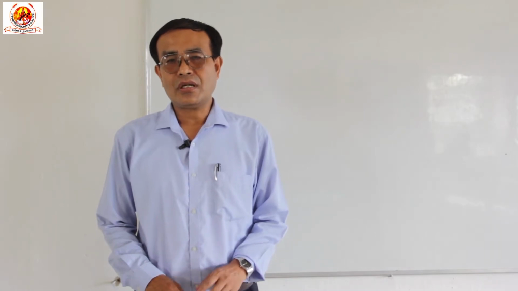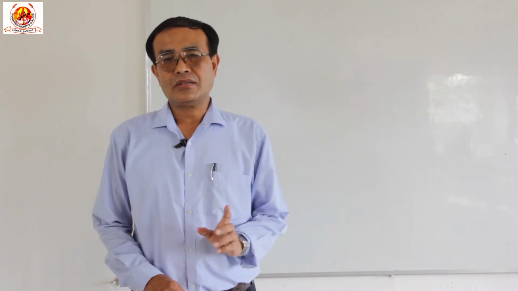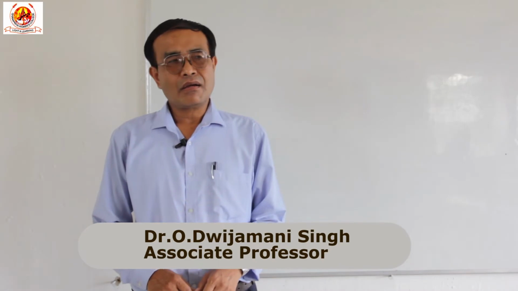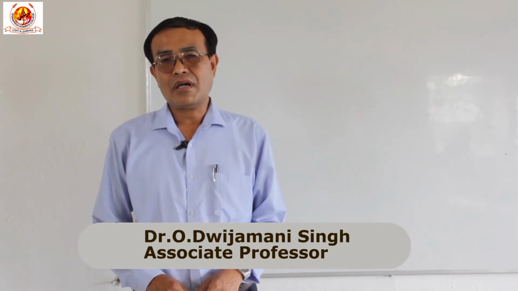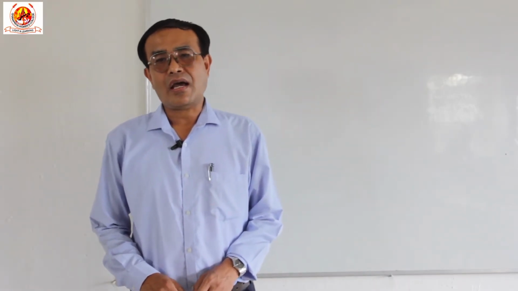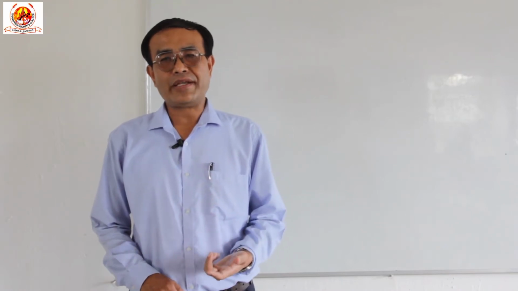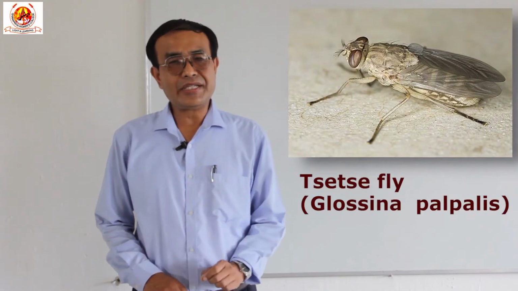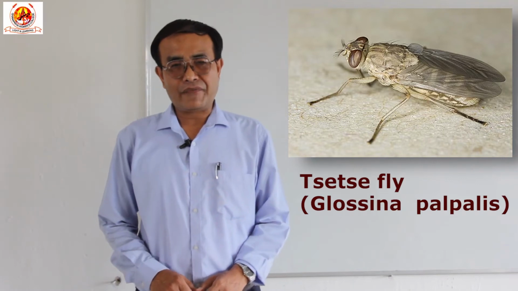Trypanosoma brucei gambiense is a protozoan endoparasite of humans. It lives in the blood, spleen, lymphatic glands and certain other parts, including the cerebrospinal fluid, and it is also carried by one important insect species, commonly known as the tsetse fly. Scientifically it is known as Glossina palpalis.